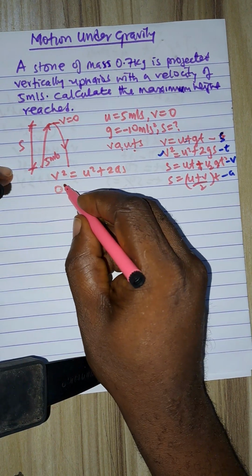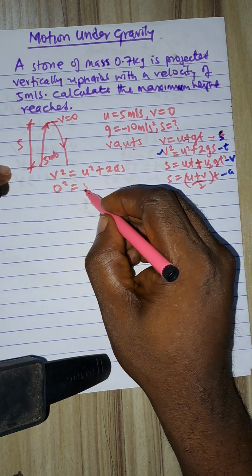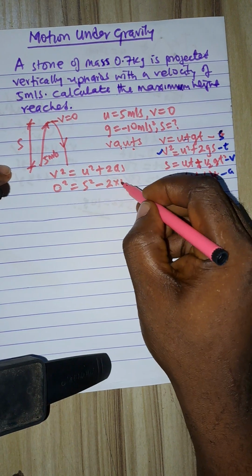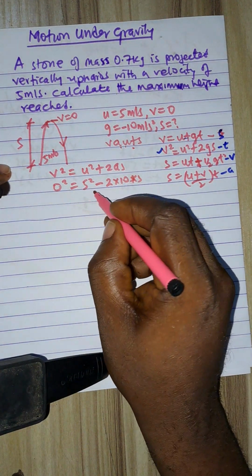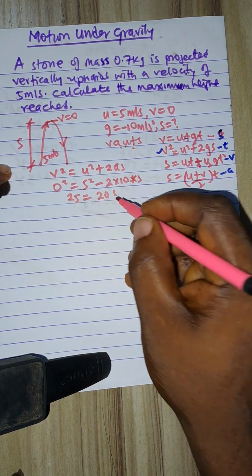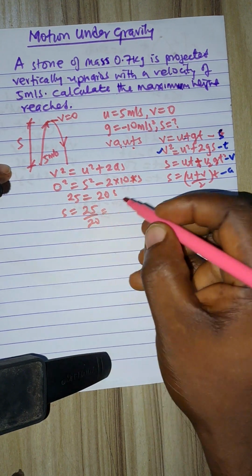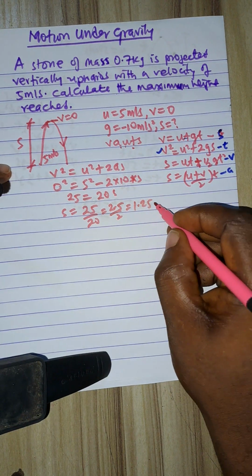V is 0, U is 5, and 2 times minus 10 times S. So we have 25 equals 20S. So S becomes 25 over 20, which is 2.5 over 2, which is 1.25 meters.